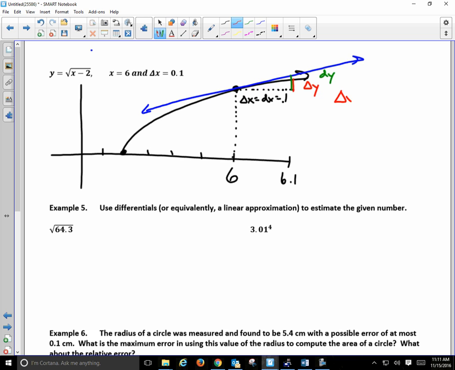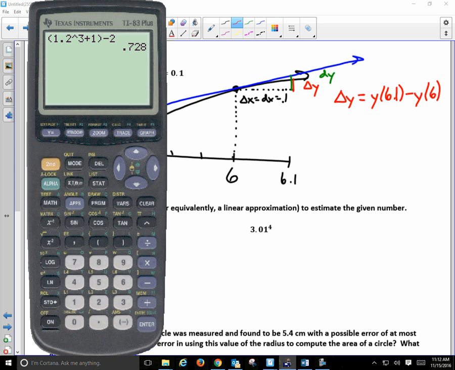Let's calculate delta y. Delta y would be the function evaluated at what? 6.1 minus the function evaluated at 6. Or in other words, the square root of 4.1 minus the square root of 4, which is obviously 2.